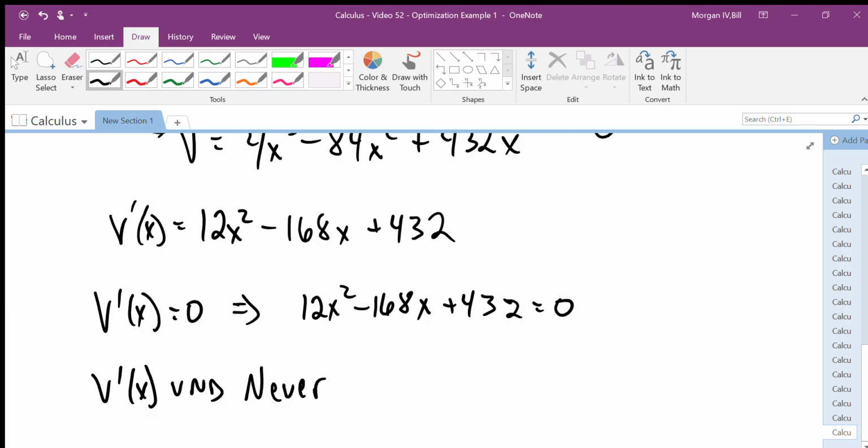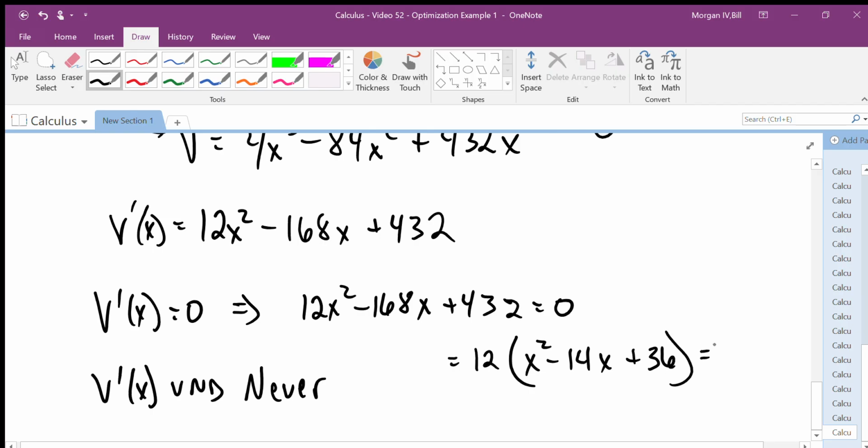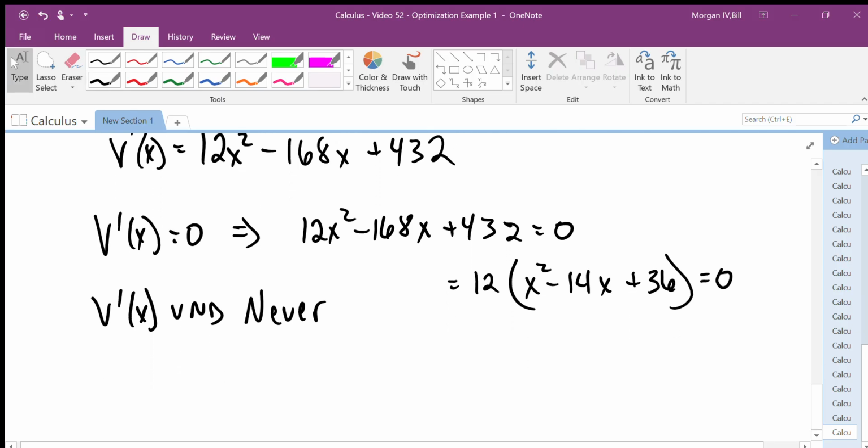Let's see, 168 divides by 12. 432 divides by 12. We can factor a 12 out of all this. So let's go with 12 times x squared minus 14x plus 36 equals 0.